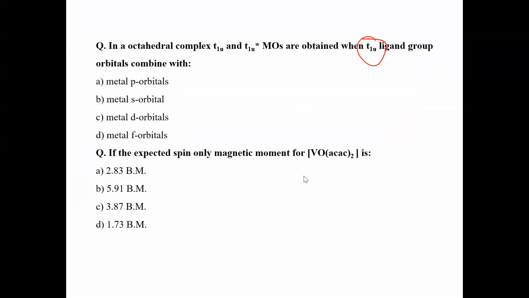After knowing the oxidation state, write the electronic configuration, calculate the number of unpaired electrons, and apply the formula, that is mu is equal to root n into n plus 2. So just tell me what the oxidation state is here.